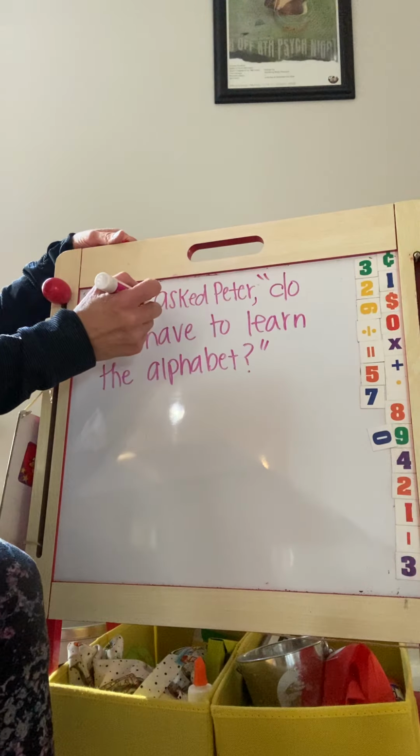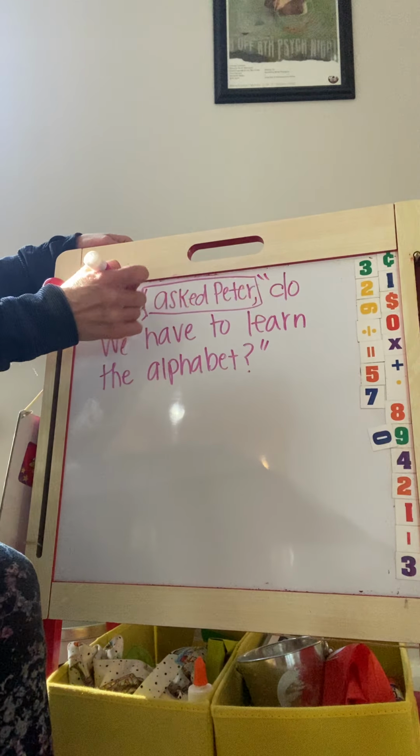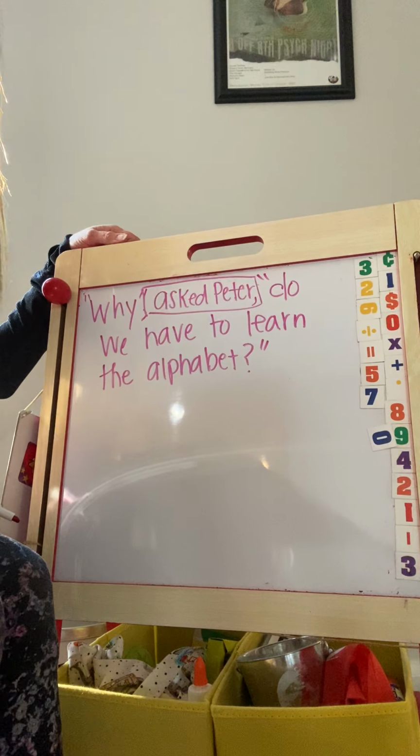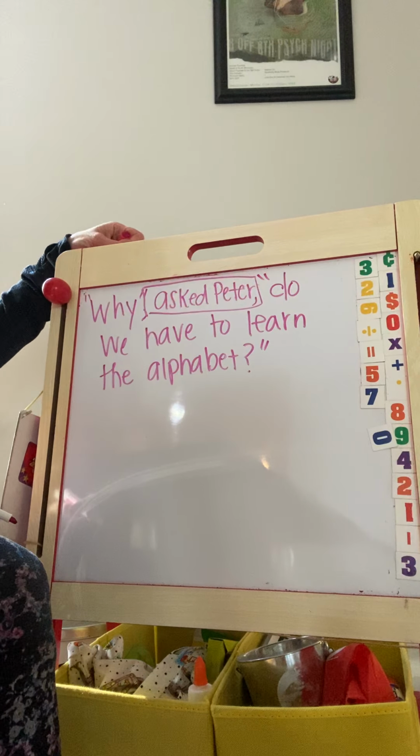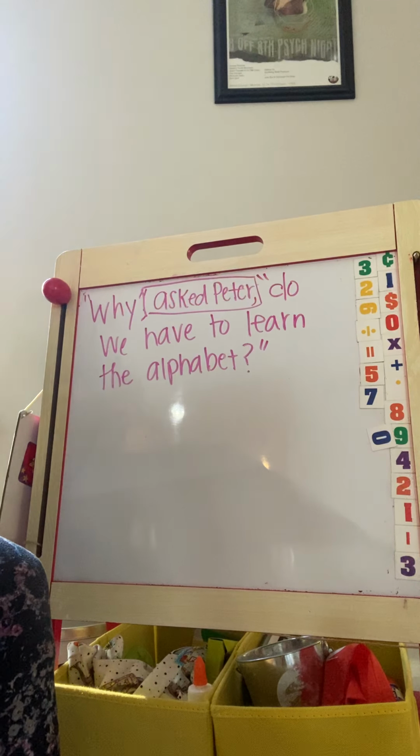Okay, so it's a little tricky because this part right here doesn't get quotation marks, but we need to put a comma around that because we would pause. "Why," asked Peter, "do we have to learn the alphabet?" So those were a little bit trickier, but you guys can do it. I know you can. Especially if you just look at the examples in the book that you were supposed to read on Epic, and then you'll get it.